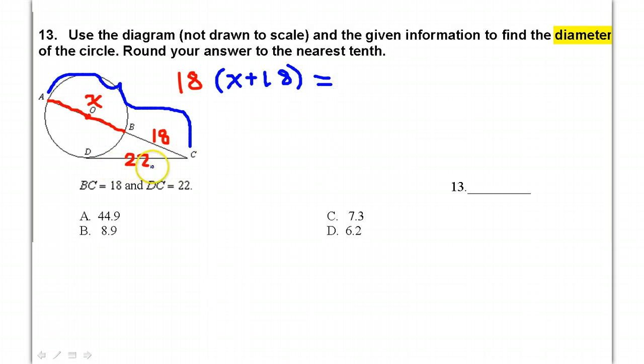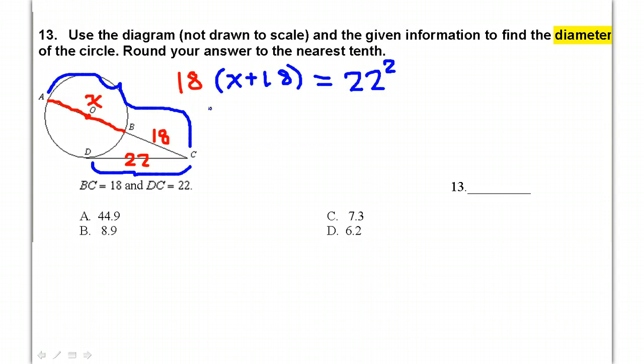Okay, now down here at the bottom, 22 is both the part and the whole. So part times whole, 22 times 22. So I could write 22 times 22 if I wanted to. Or if I want to write it a little more neatly, I could write 22 squared. Either way, it's going to be the same thing.